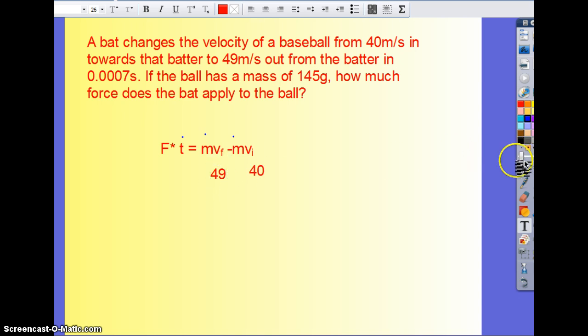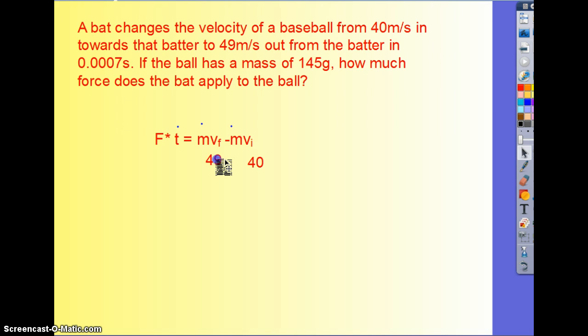Now, one thing about this: the baseball is coming toward you at 40 and away from you at 49. This is an issue. We have to make sure that when we do impulse problems, the velocities have an appropriate negative sign if you have opposite directions happening.